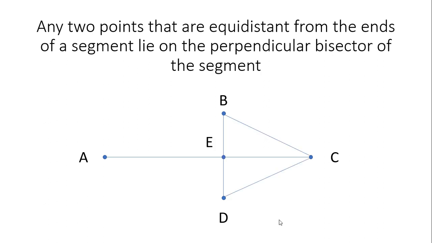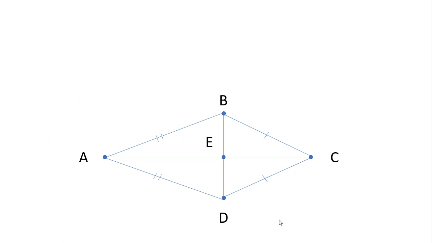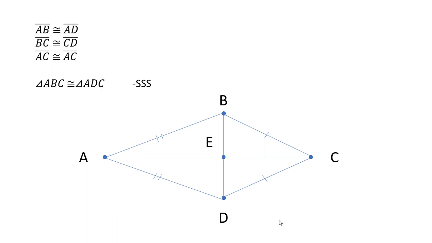First we're going to say that both BC and DC are congruent, and AB and AD are congruent. Alright? So if AB and AD are congruent, and BC and CD are congruent, and AC is congruent to itself, therefore these two triangles are congruent by the side-side-side theorem.